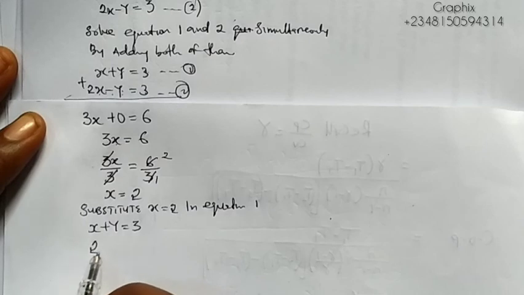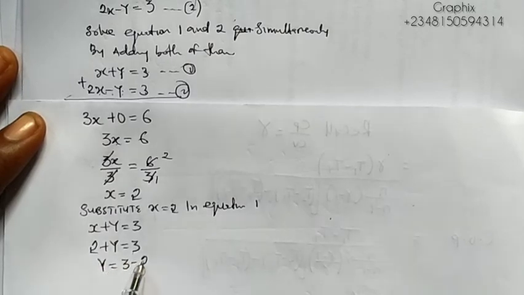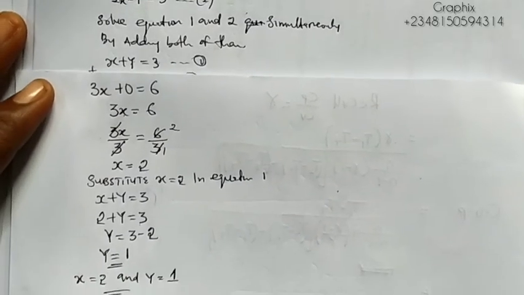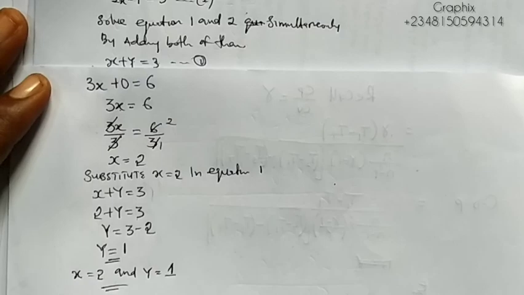So I have 2 plus y equals 3. So y will now be equal to 3 minus 2. When 2 comes to this side, it becomes negative. So my y will be equal to 1. So the value of x is equal to 2 and y is equal to 1. So that will be my answer there. Thank you very much for watching.